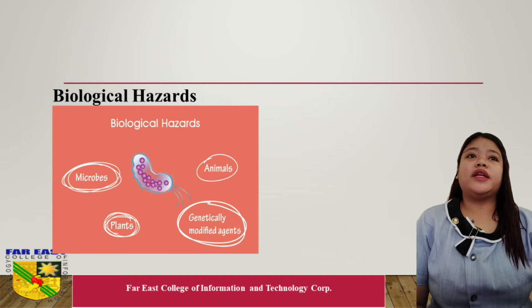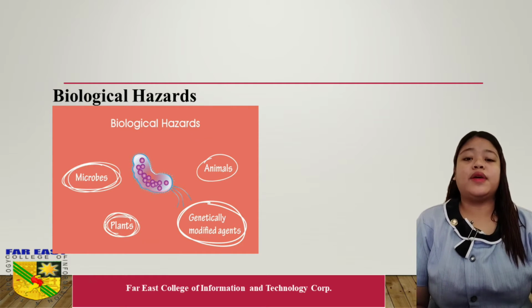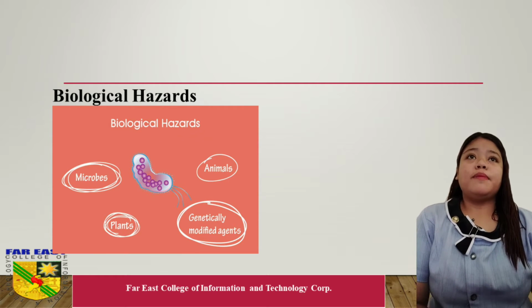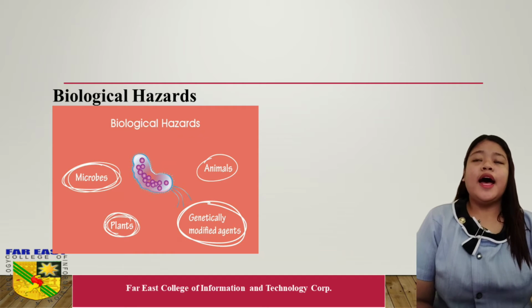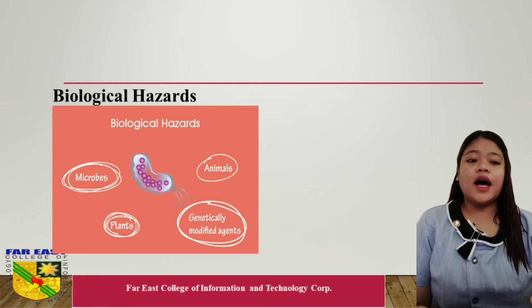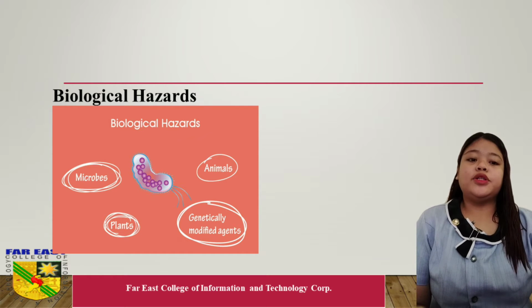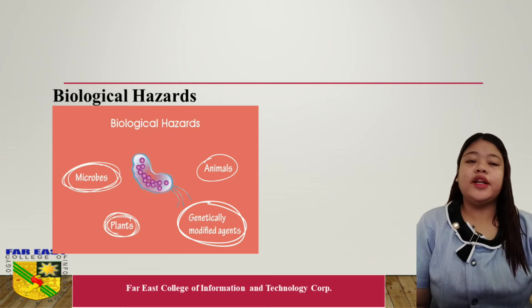Lalo na pag nagbabantay tayo ng mga matatanda, ganyan, there are lots of chemicals na pwedeng pumasok, ma-encounter natin, and we can be exposed to those hazards. Ayan, to eliminate that, we may use different PPEs which can prevent yung ma-expose tayo sa ganon. Ayan, so another example of biological hazard that a caregiver may be exposed to: blood or other body fluids, ayan, is an example of biological hazard din yun.